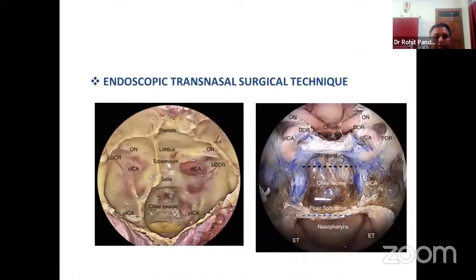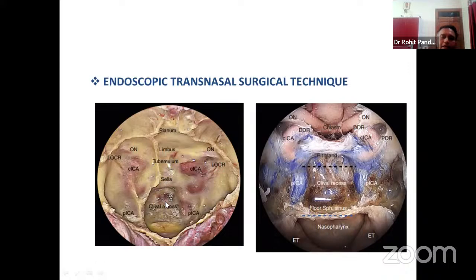After resection of the sphenoid rostrum, a wide sphenoidotomy is created so that we get a landscape view of the sellar region and clival region.